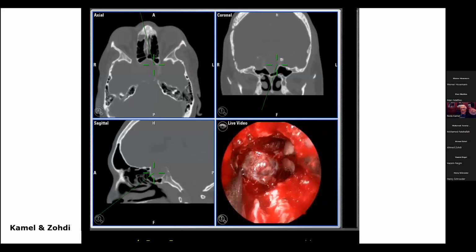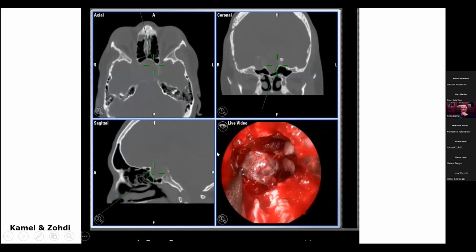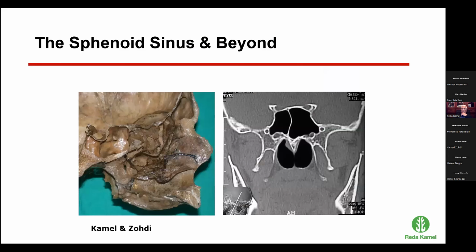Whenever we are working in this area, one should be aware of the anatomy. In most of the cases at the beginning with Professor Zohdi, we used the navigation to be aware of these structures and avoid insult to the optic nerve and/or the carotid. One should be aware of the different structures we may visit.